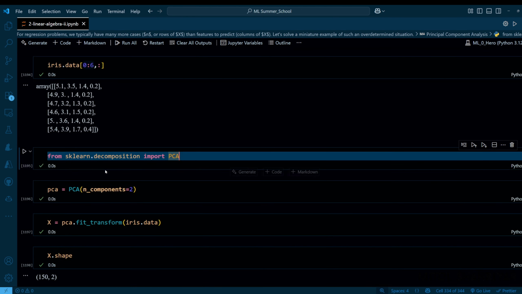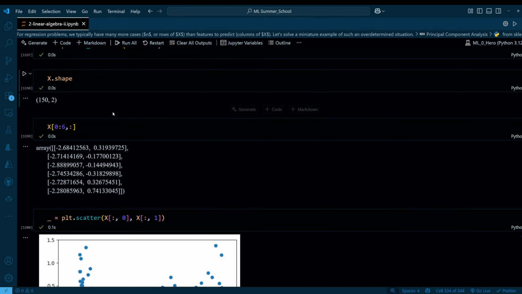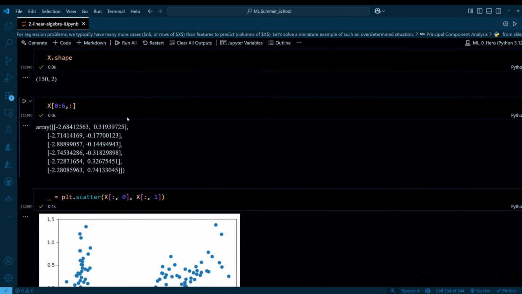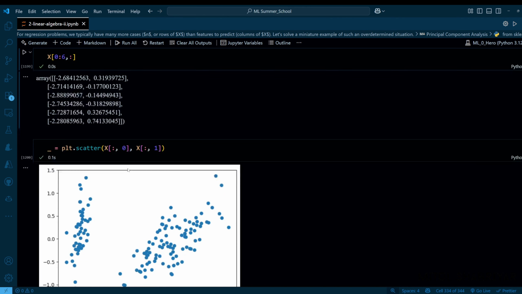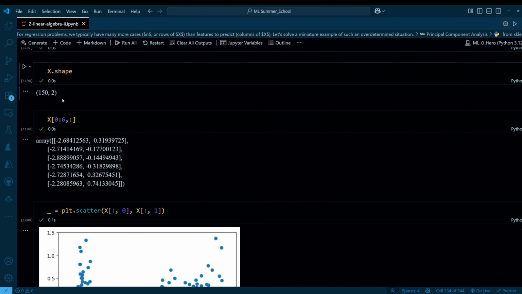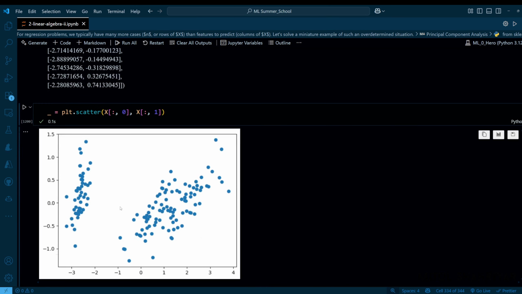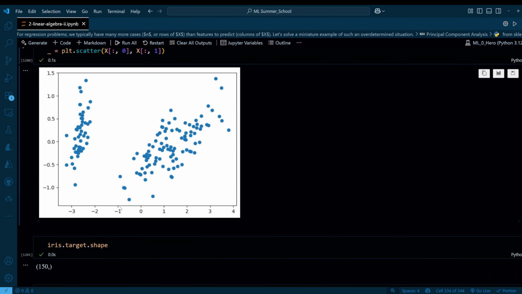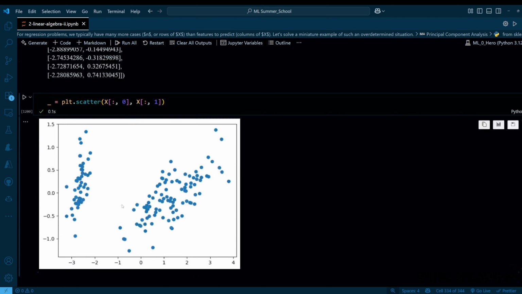Somehow there is a process which it uses to get the most out of the matrix. So this is it, and using the values from this x we have, we can plot them. Okay, and plot the scatter.